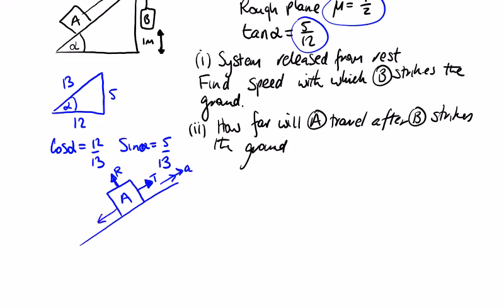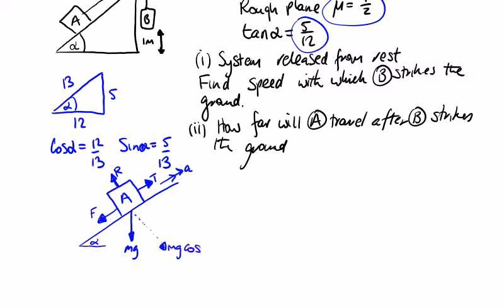There is friction in this question, so we'll work that out. And we have mg coming down. And putting my angle alpha in, coming down this way.